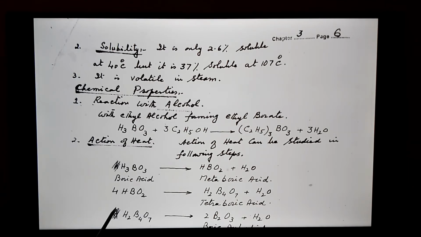If it is further heated, then four molecules combine together and eliminate water molecules. As a result, tetraboric acid is formed. This tetraboric acid, on further heating, produces boron oxide and water.